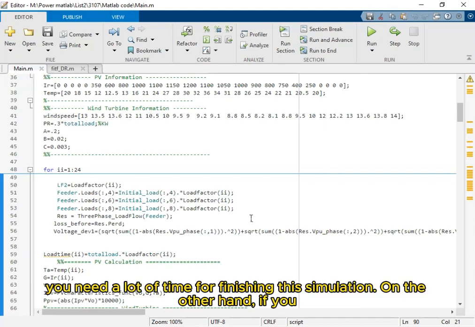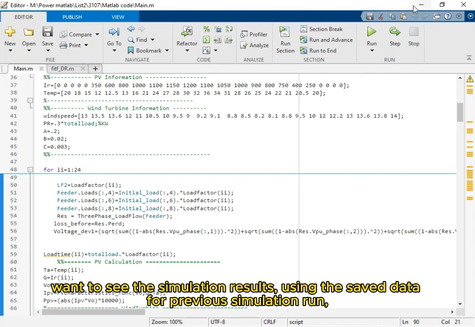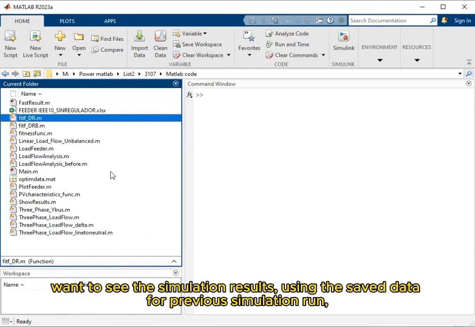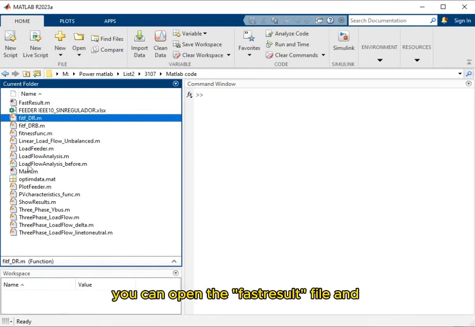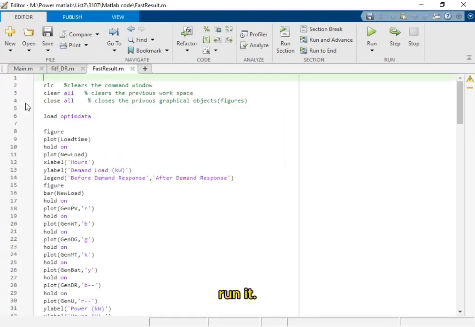On the other hand, if you want to see the simulation results using the saved data from the previous simulation run, you can open the fast result file and run it.